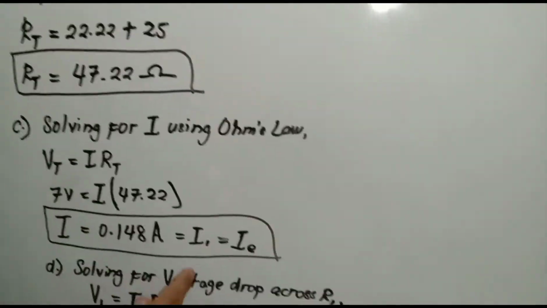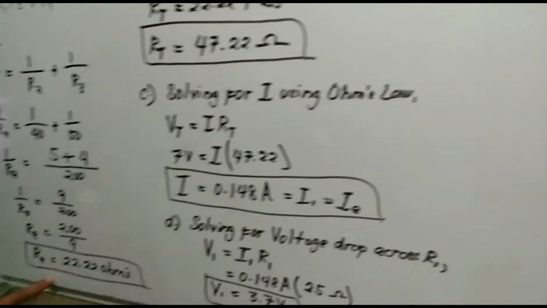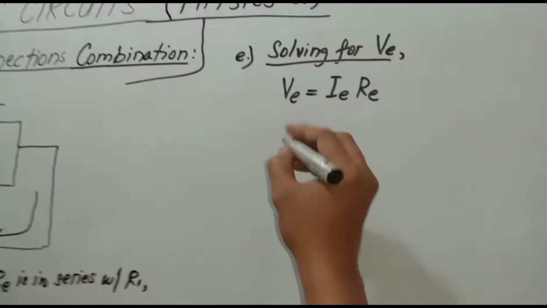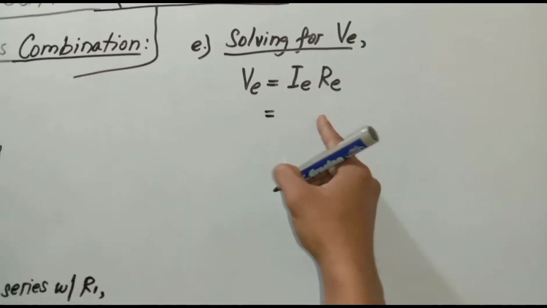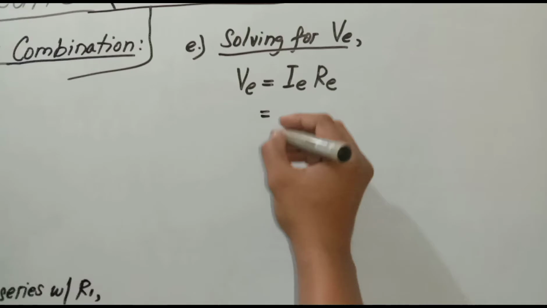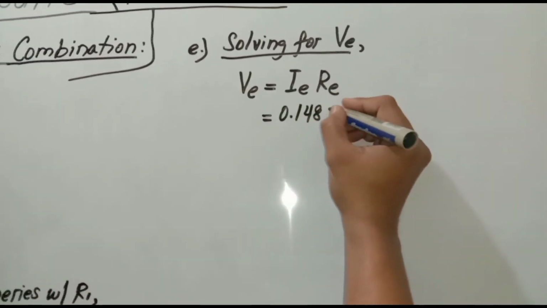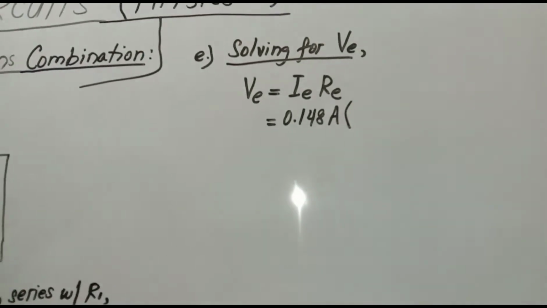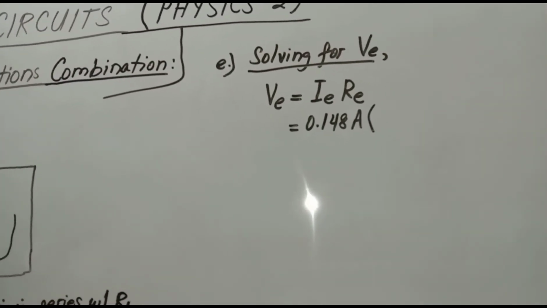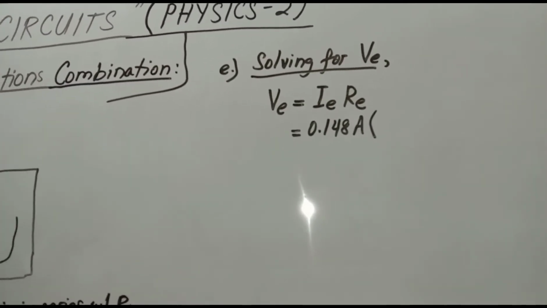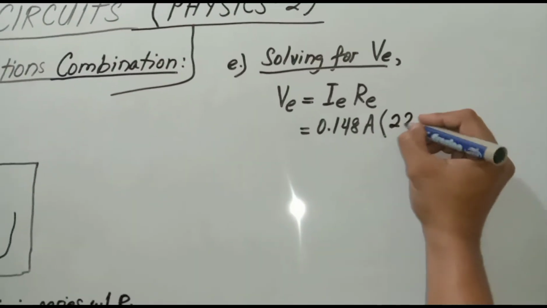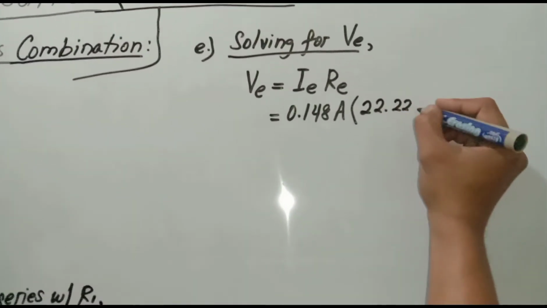So substituting the values, IE is equal to 0.148 ampere times the equivalent resistance you have already calculated, RE, which is 22.22 ohms.